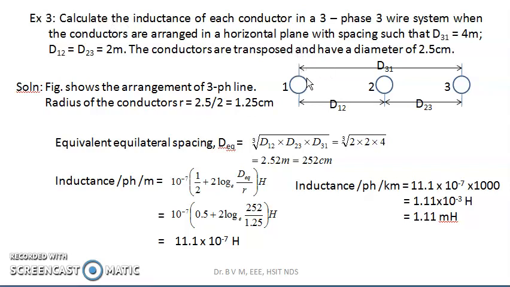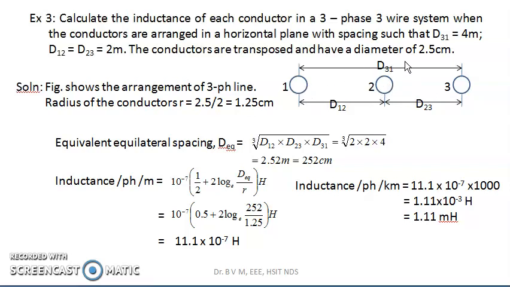You can see that 1, 2, 3 are the conductors, and D12, D23 and D31 are the distances between them. D12 is between conductor 1 and 2, D23 between conductor 2 and 3, whereas D31 is the distance between conductor 3 and 1.